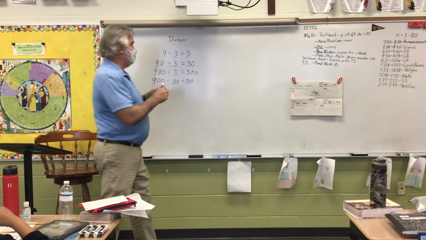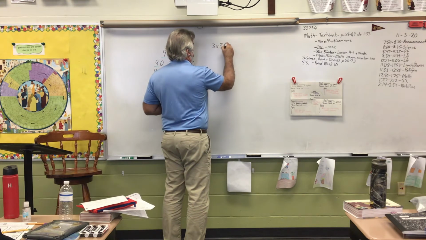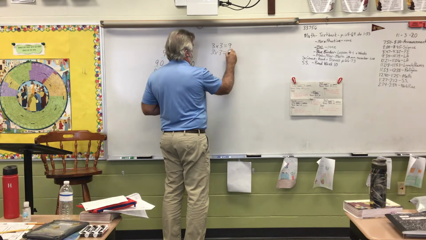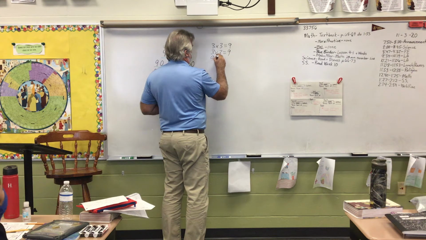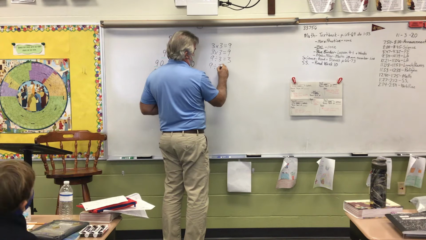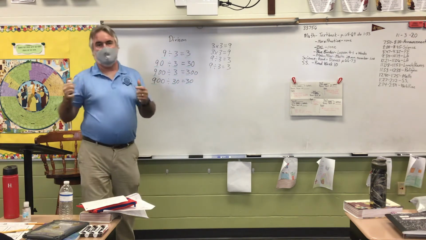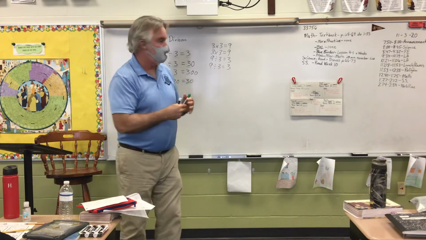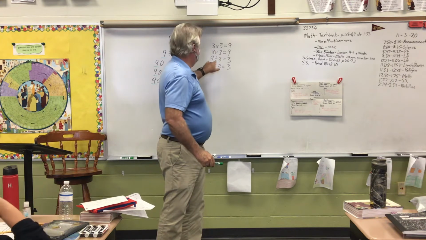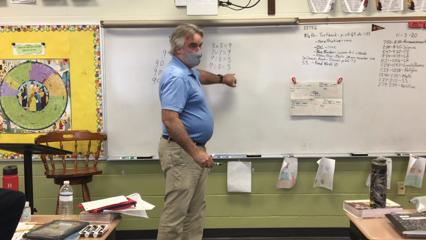Now, if we look at family of facts, divided by 3 equals 3, and 9 divided by 3 equals 3. Now, if you had 5 times 4 equals 20, it would be different. You would have 4 times 5 equals 20. 20 divided by 5 equals 4, and 20 divided by 4 equals 5.